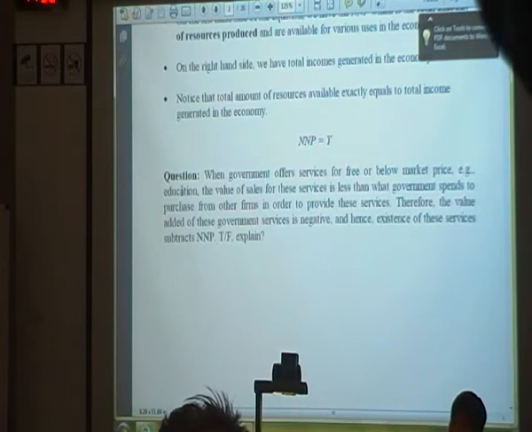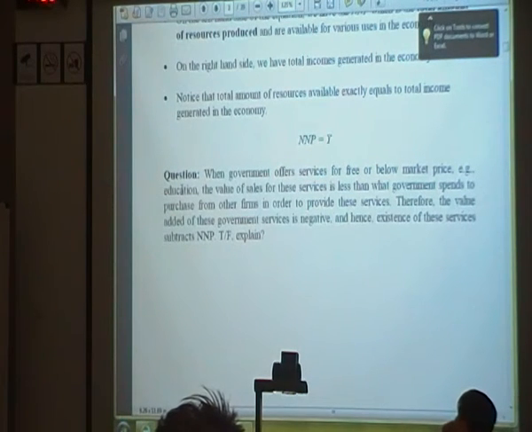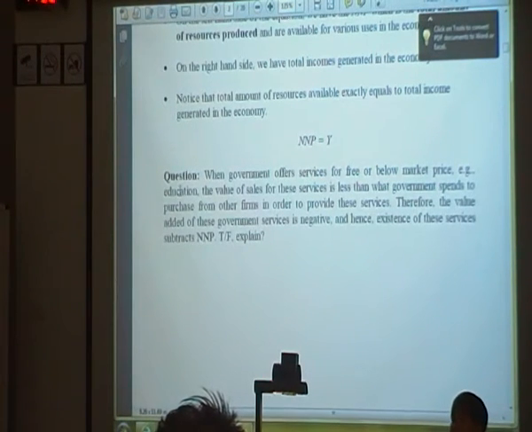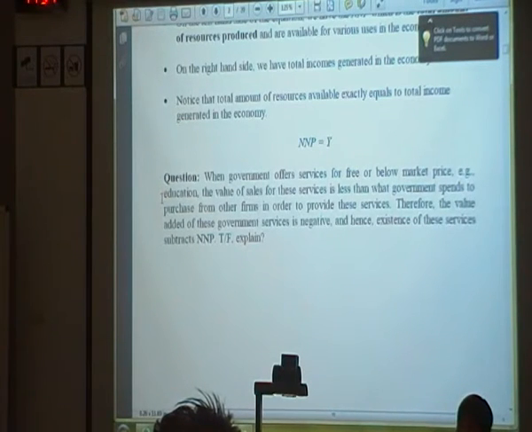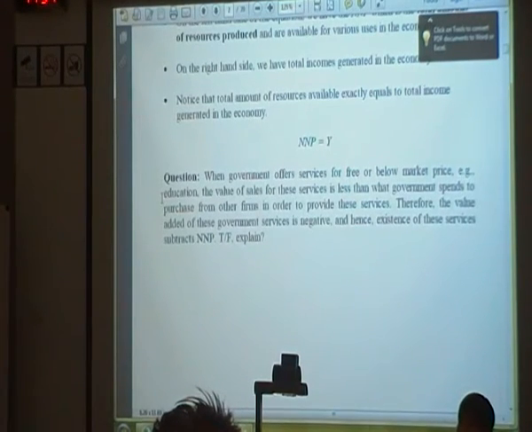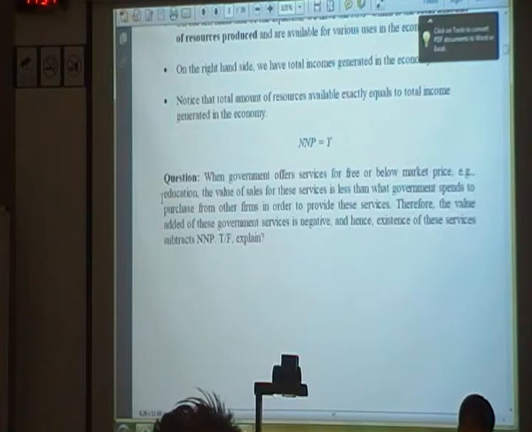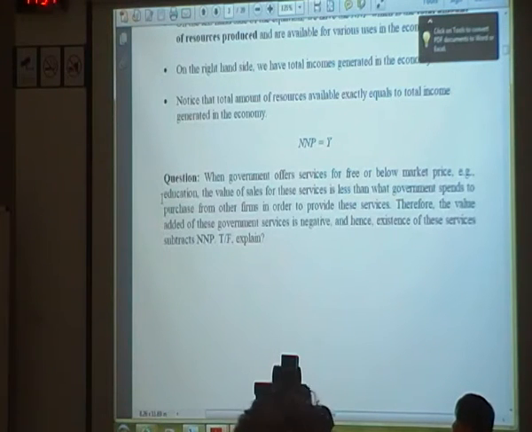What's your answer? Now only one answer, either true or false. How many of you think that statement is true? No one. All of you think it's false? Why?